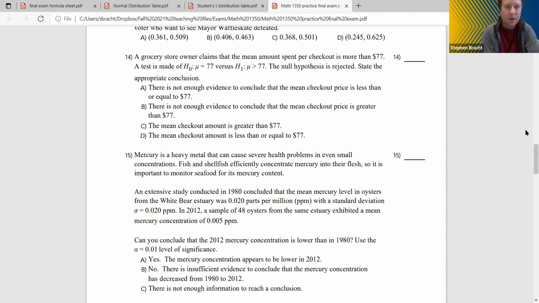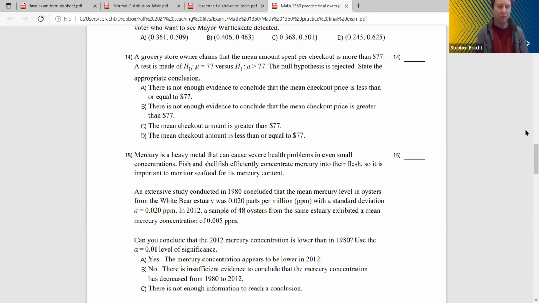So it says, a grocery store owner claims that the mean amount spent per checkout is more than $77. A test is made. The null hypothesis says that mu is equal to $77, and the alternate hypothesis says that the mean is greater than $77. The null hypothesis is rejected.